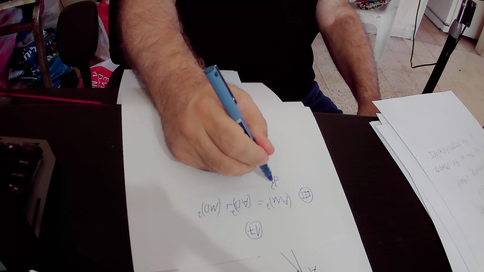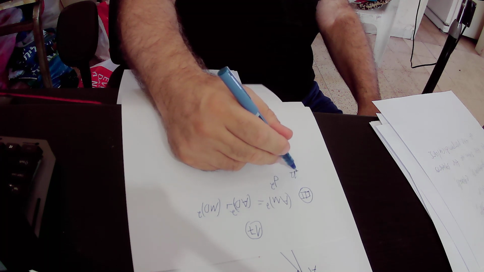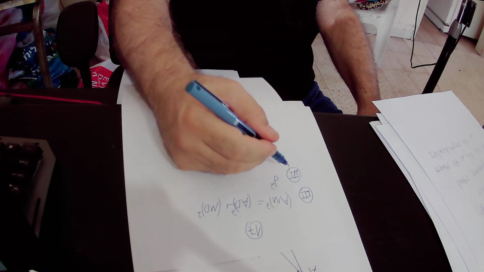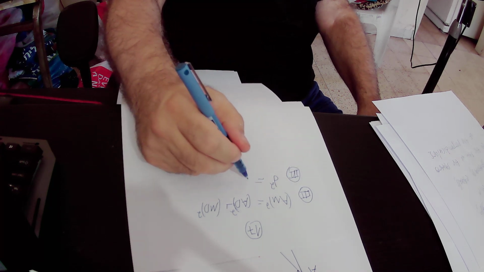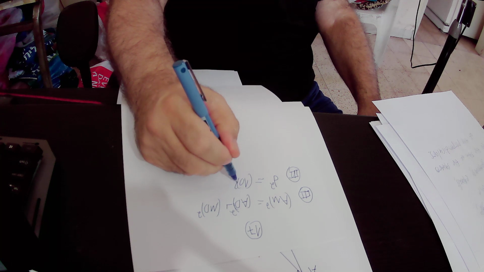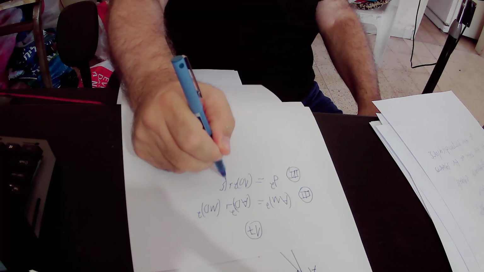D square equals 10 square plus 5 square.